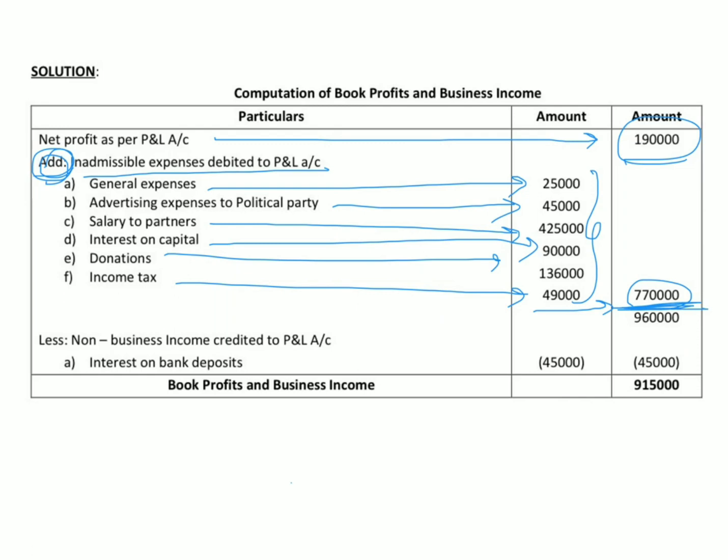Now let us add the net profit of 1,90,000 to 7,70,000. So the value is 9,60,000.